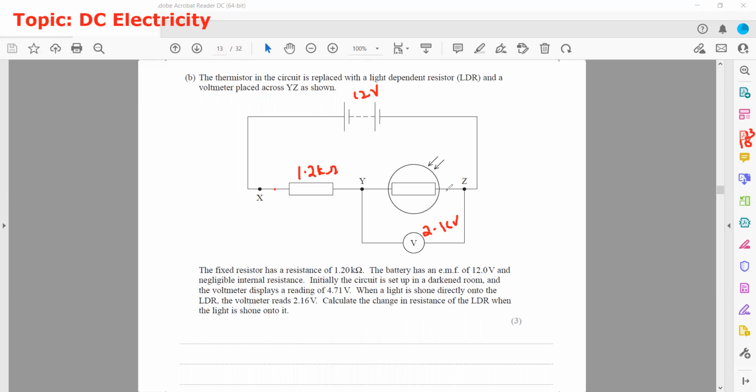Calculate the change in resistance. So first the voltage is 4.71 and then the voltage is 2.16, and we have to calculate the change in the resistance.